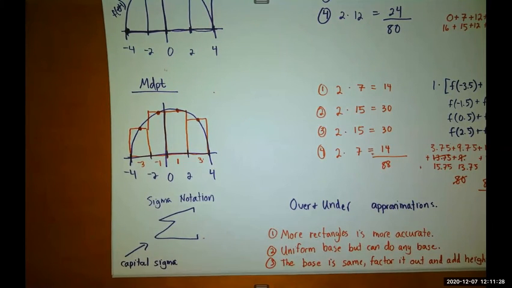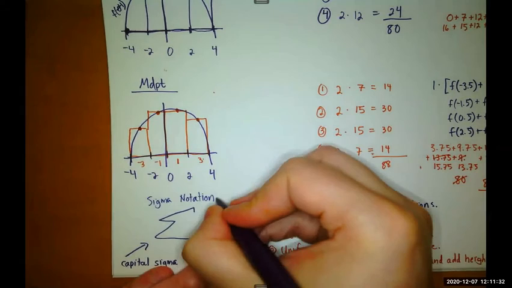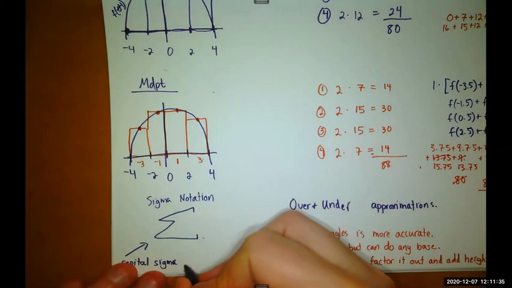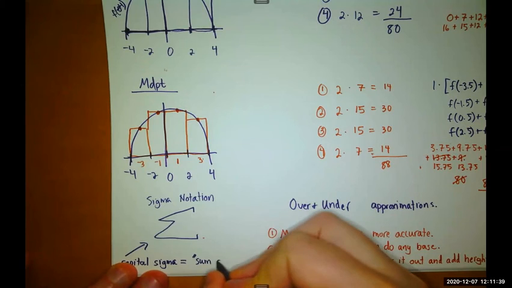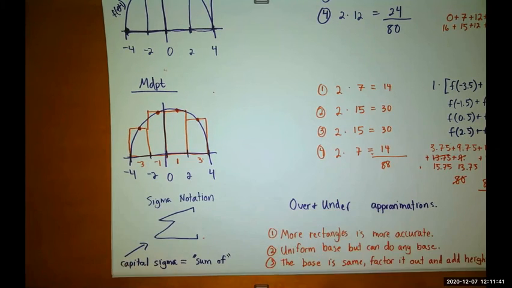Lowercase sigma is used a lot in statistics. Capital sigma is here. And it's translated as sum of. Not sum of as in choose a few, sum of as in add everything.